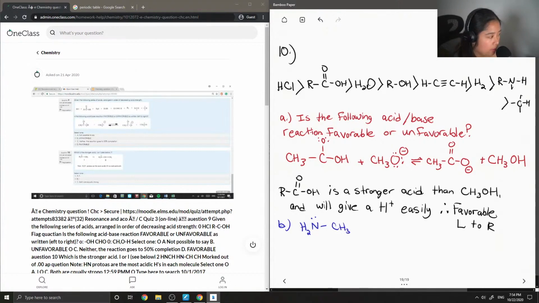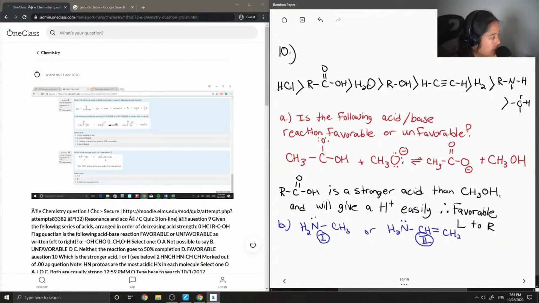And it is with a methyl group. So this is option 1. Or we have another amine. It's bonded with a carbon. And then there's a double bond, CH2. And then this is option number 2.